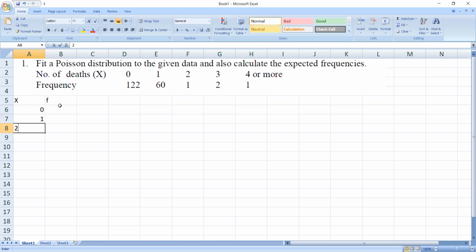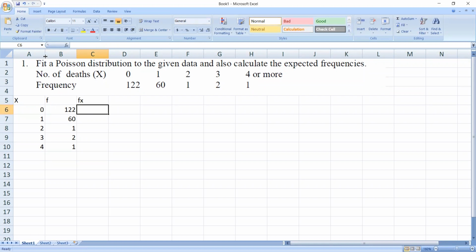So we will compute the mean of the sample distribution and equate it to lambda. So we have lambda is equal to x bar. Whereas in case of binomial, the mean is np, so to find p, we'll use n into p equals x bar, p is equal to x bar by n.